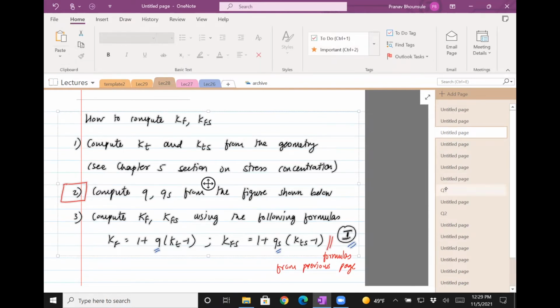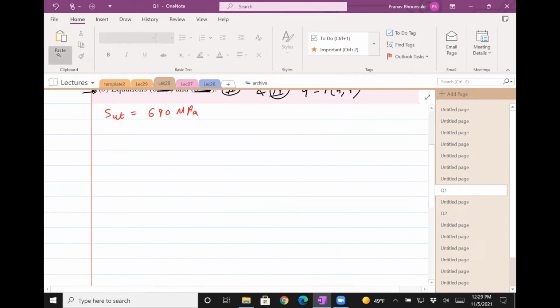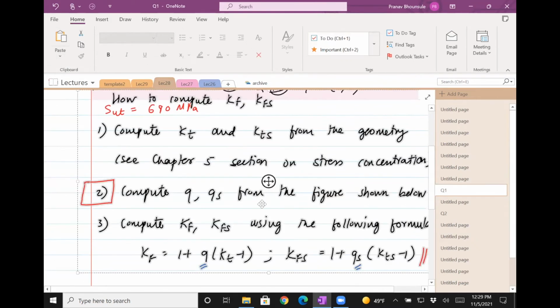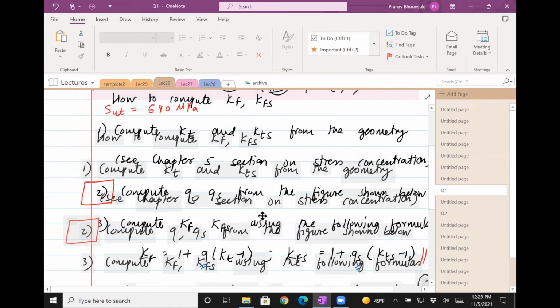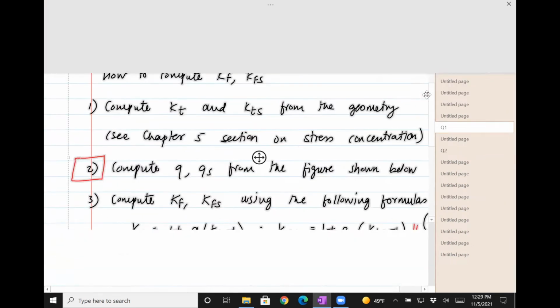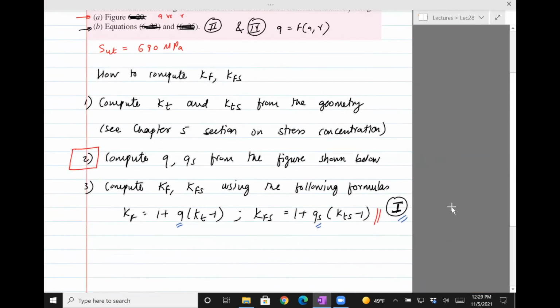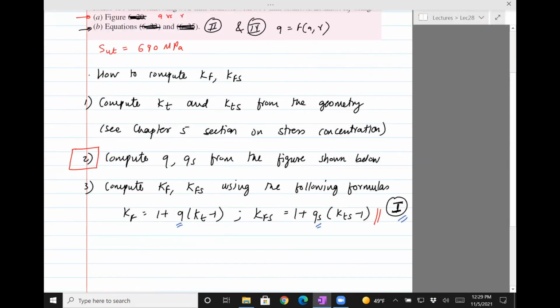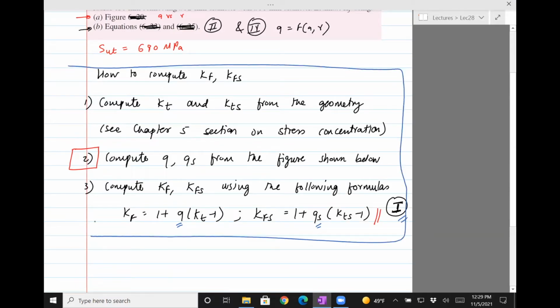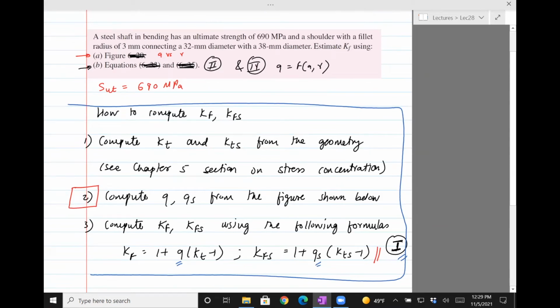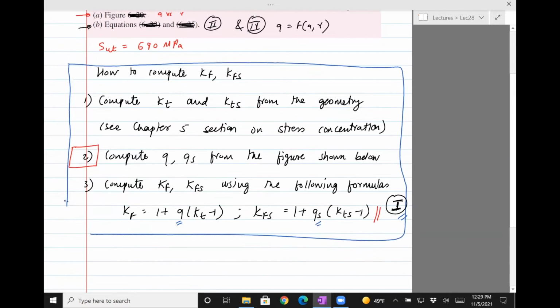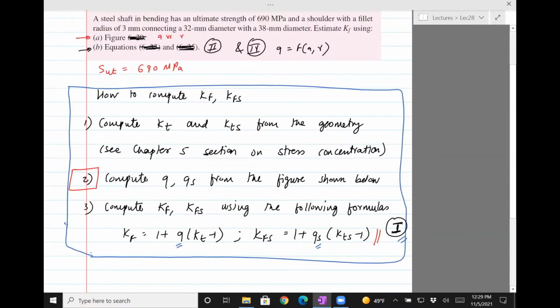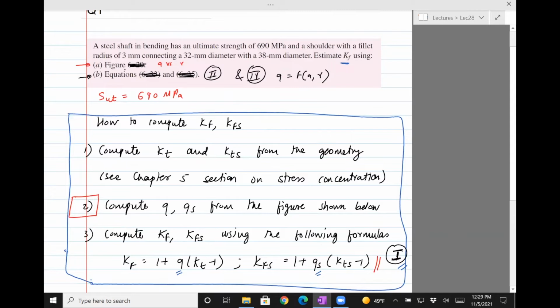Copy here. Okay, so this is asking us to estimate KF using these two.